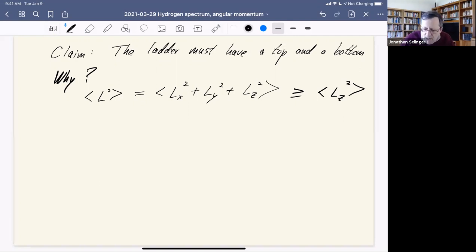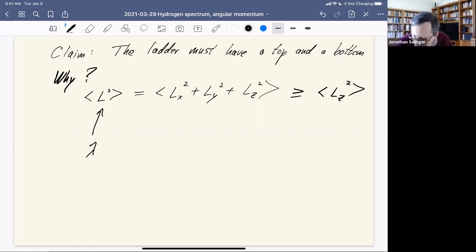Now, if we are in a state that is an eigenstate of L squared, then this expectation value is lambda.